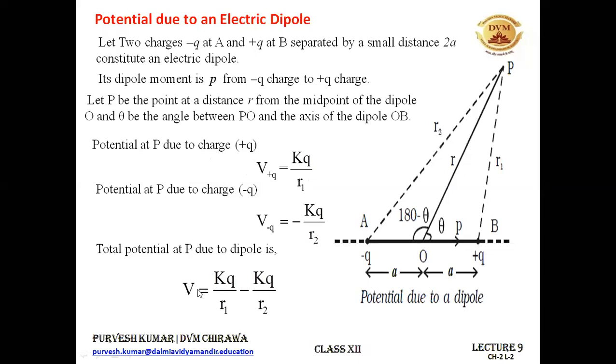The physics says that the potential at point P is the sum of the individual potentials because of these two charges, and that's what we have found out. But we are not given the values of R1 and R2. We need to find these values, and that's what we will be doing in the next slides to come. So this is our final expression. Let's move towards the next slide.